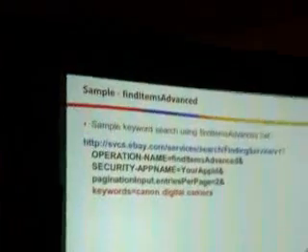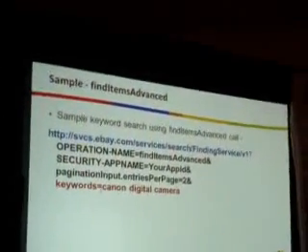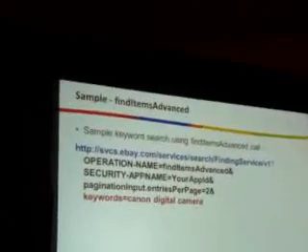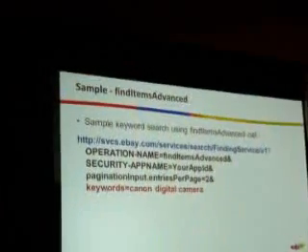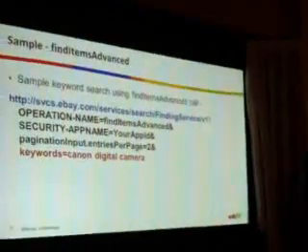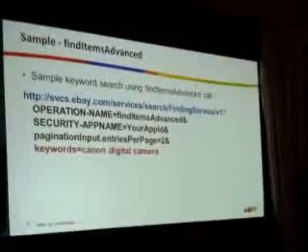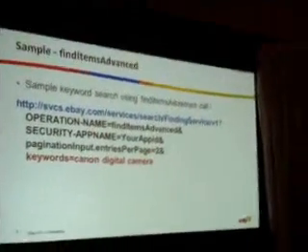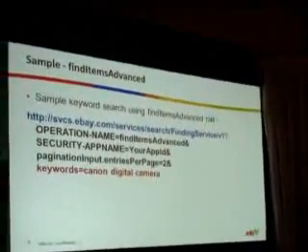You have an endpoint, so the HTTPS svcs.ebay.com, that's the endpoint. We have some mandatory URL parameters: the operation name, which tells us what API you are executing, the app name, which is your app ID that you generate after registration, and the keywords, what you are searching for. So let's say I'm searching for a Canon digital camera, and for the purpose of this example, I want my search result to be limited to 2 items, so we can see it nicely on the screen.